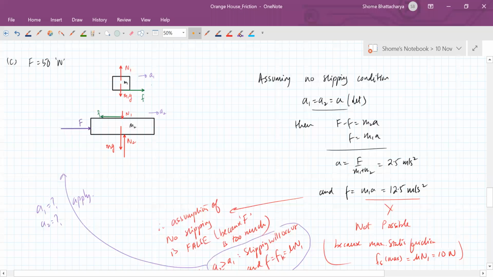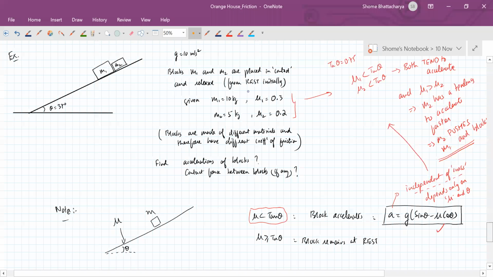Okay, now we will solve a second part of this question. This was the first part, suppose. Now we will solve the second part, if mu1 is instead 0.2 and mu2 is 0.3, whereas m1 and m2 are the same.